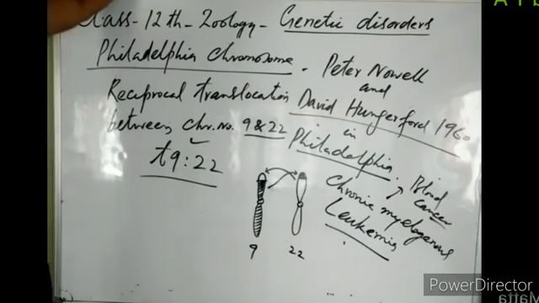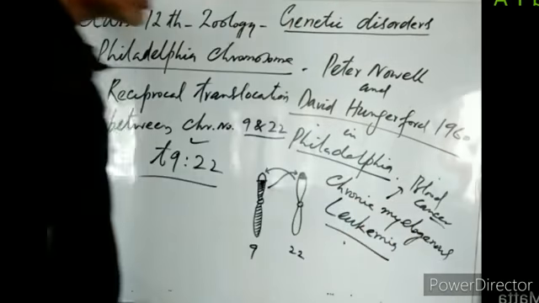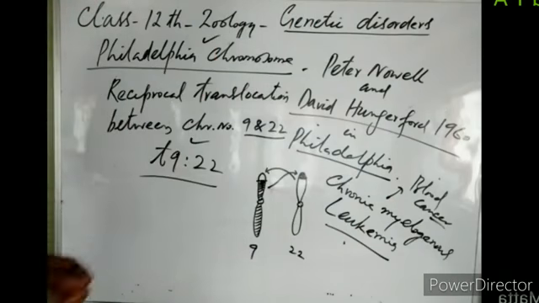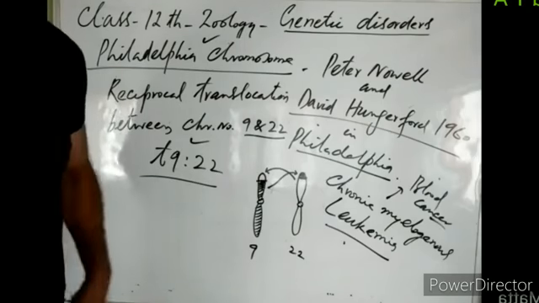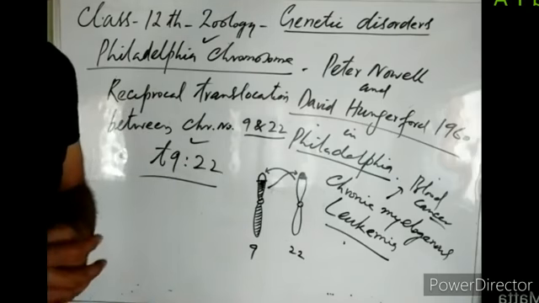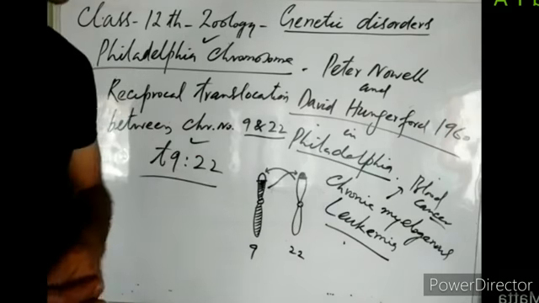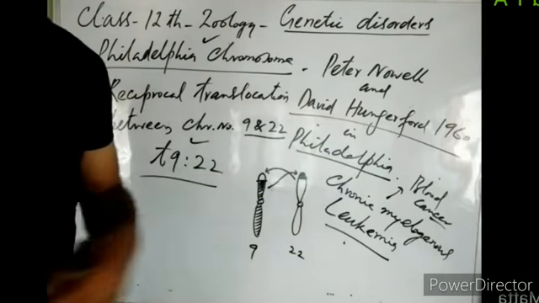This mutual exchange of gene segments leads to a type of blood cancer known as chronic myelogenous leukemia. And this is the characteristic feature of this Philadelphia chromosome. It was discovered first by Peter Nowell and David Hungerford in a person in Philadelphia, America. That is why it has been named Philadelphia chromosome. And it was ascertained that this Philadelphia chromosome gives rise to chronic myelogenous leukemia. So these persons are prone to blood cancer, right?